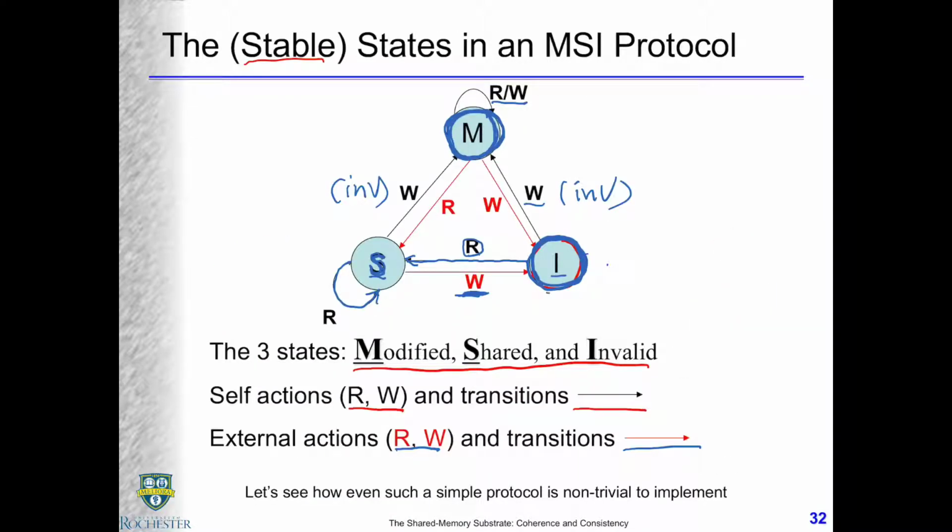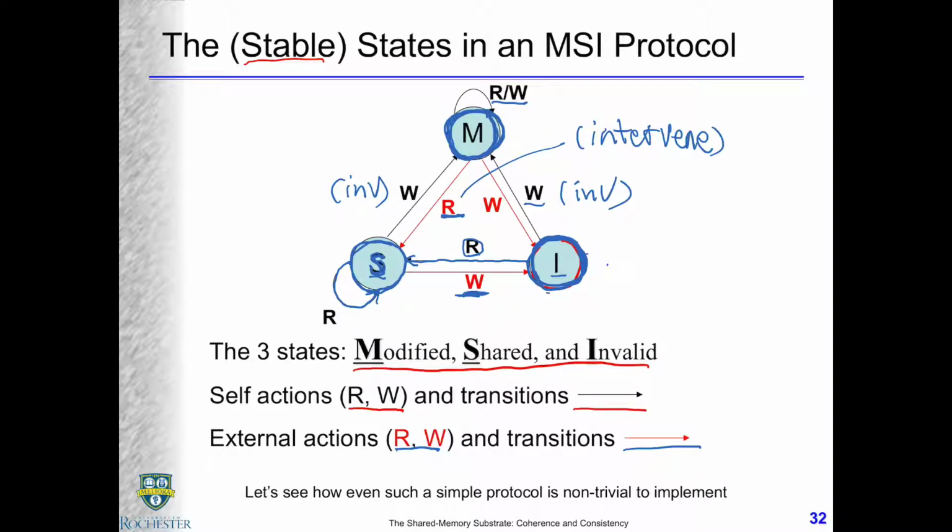So if we're in a modified state and there's a read request, we have to intervene. We intervene, supply the data, and because now both that processor and the supplier have the same copy, logically, we go back to the shared state where nobody can write.